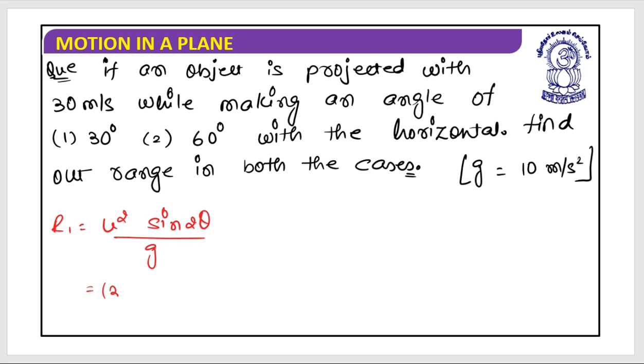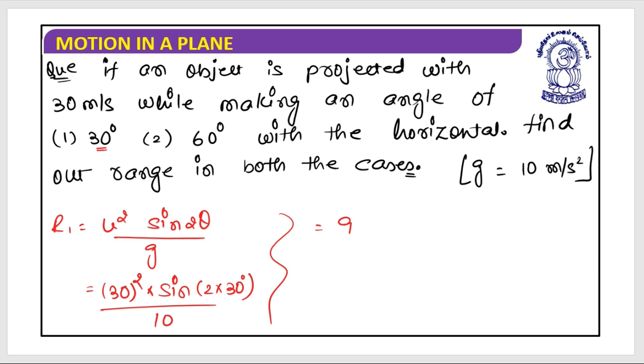So this is u square, it's 30 square multiplied by sine of 2 into 30 divided by 10. If I solve this, it's 900 divided by 10, that is 90 into sine 60. Sine 60 is root 3 by 2. Yes, so this should be 45 into root 3 meter.